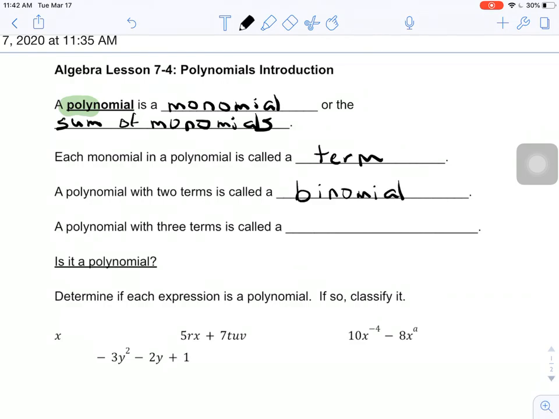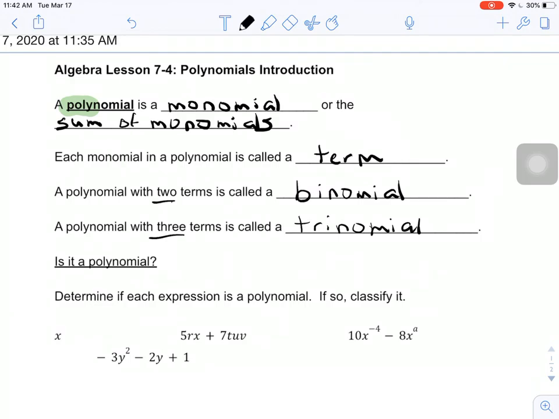And the same thing, if we have a polynomial with three different monomials that we're adding, or three terms, rather than saying polynomial, a lot of times people will call that a trinomial, because tri means three.